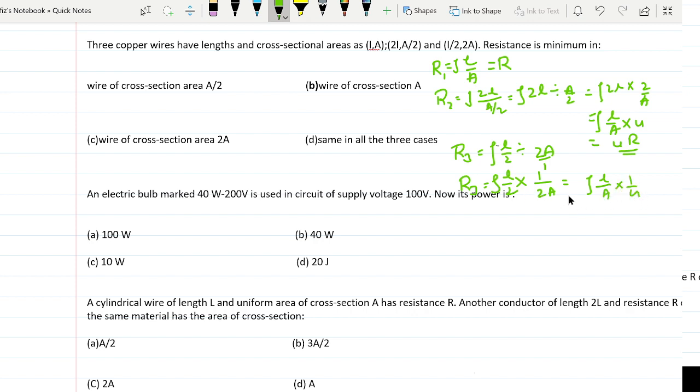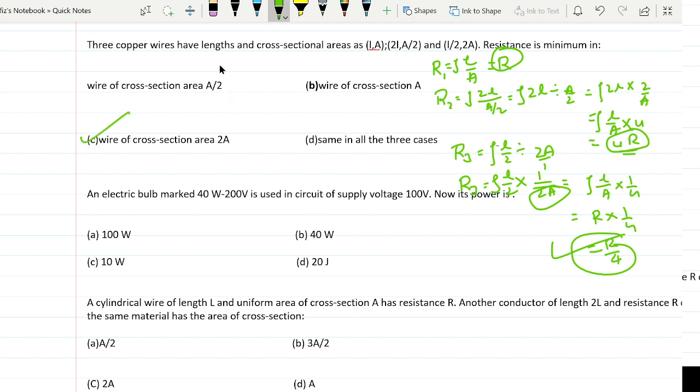Am I right? Now rho L by A, its value is R here. So R into 1 by 4, it is nothing but R by 4. So R3 is the least, then R1, then R2. Which wire has the minimum resistance? It is the wire whose area of cross section is 2A. Yes, so option C is correct here.